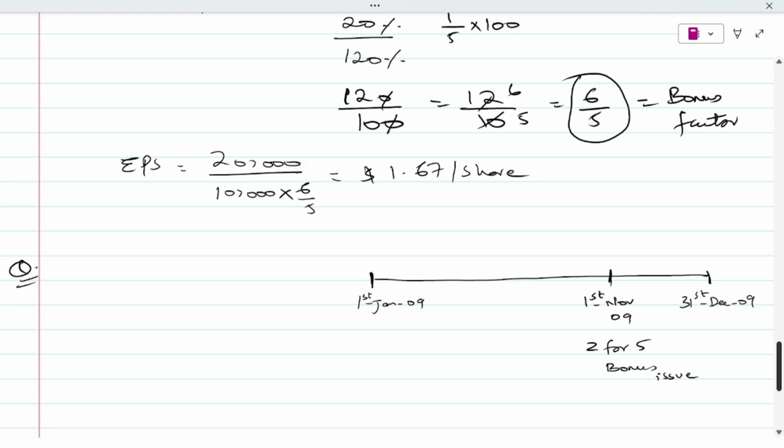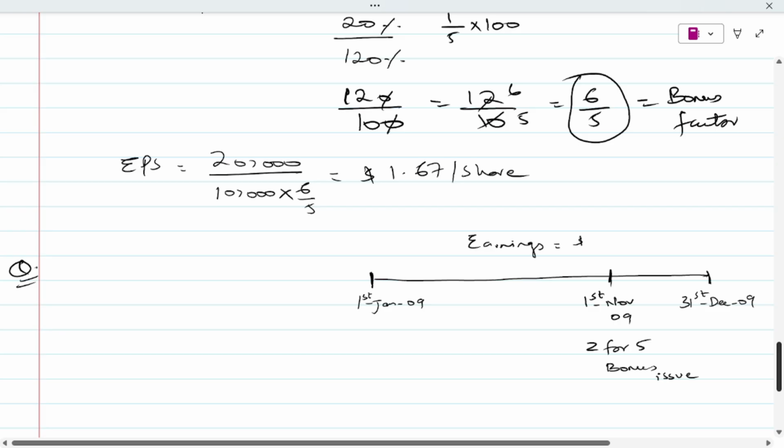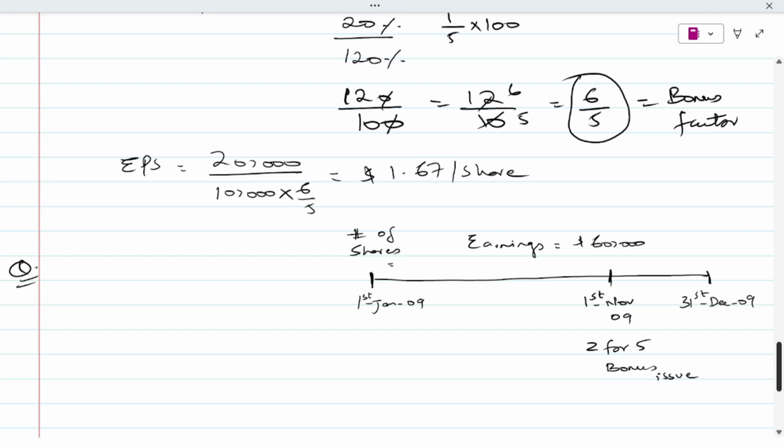The earnings given to you in the question for this entire year is around $60,000. The number of shares at the beginning of the year would be 25,000. So 25,000 at the beginning of the year, then on 1st November there's a 2 for 5 bonus issue, then there's a year end. Then we have earning of 60,000 for the entire year.